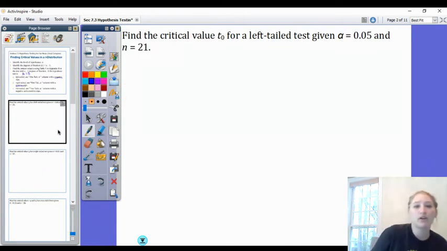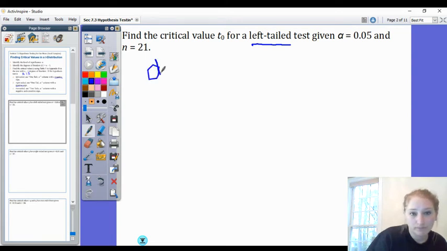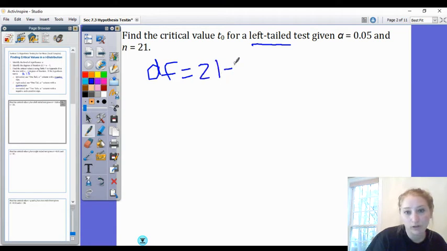So we're trying to find the critical value t naught for a left-tailed test. Okay, so remember with a left-tailed test, we're going to be adding on a negative to the value in the chart. So the first thing I need to find is my degrees of freedom. So I'm going to do 21 subtract 1, which is 20.